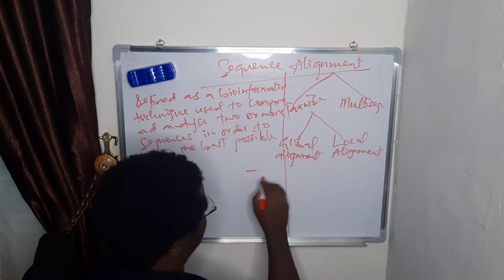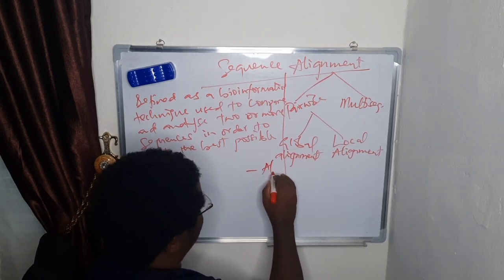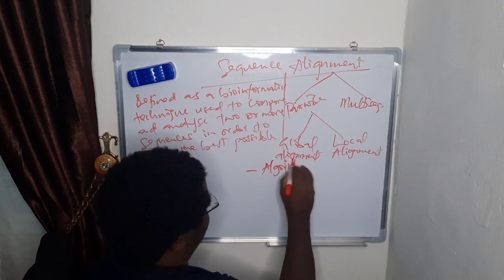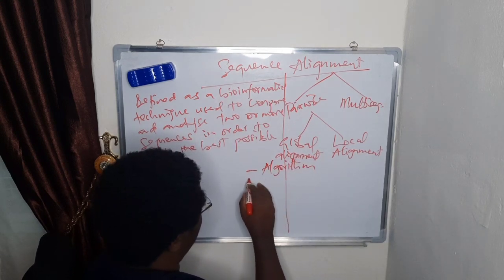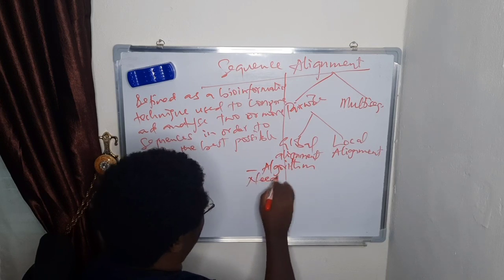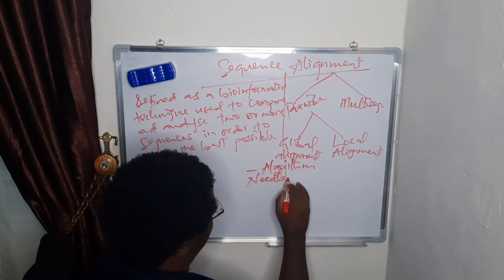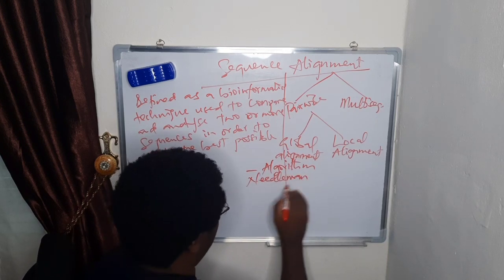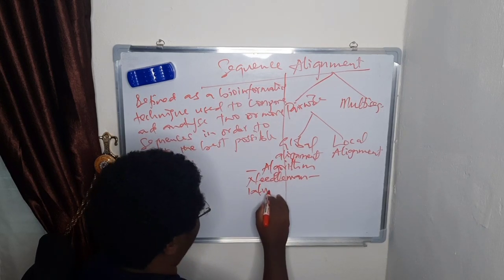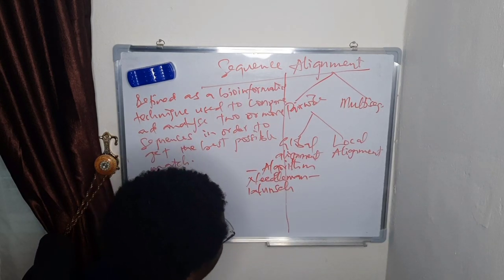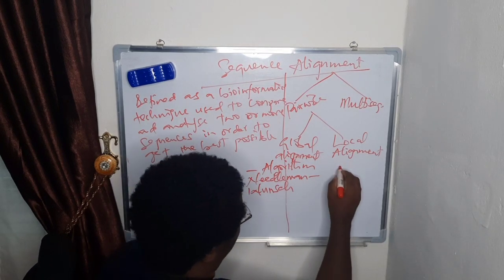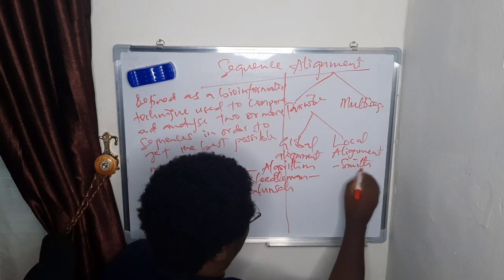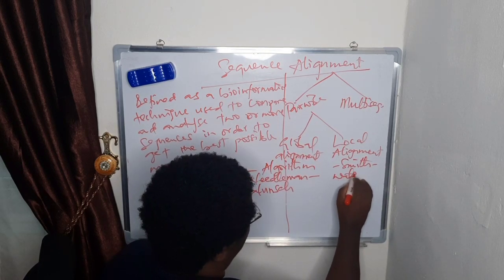Now, the global alignment uses the Needleman-Wunsch algorithm, while the local alignment uses the Smith-Waterman algorithm.